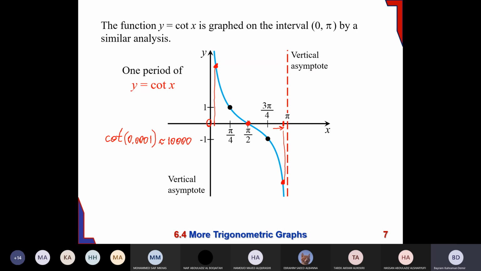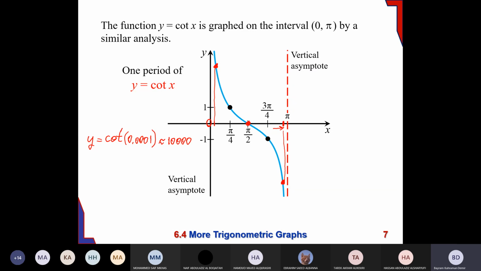You see how cotangent flies off? Infinity. Yes, so that means if you get closer to 0, the y value will not stop and it will go to infinity. This is the basic definition of an asymptote, everybody.